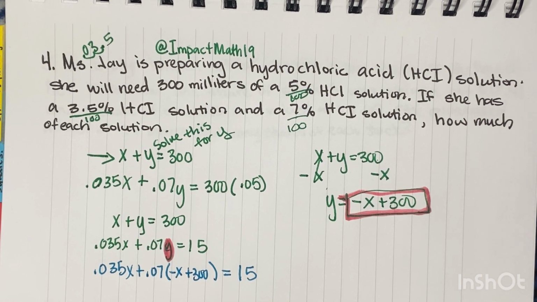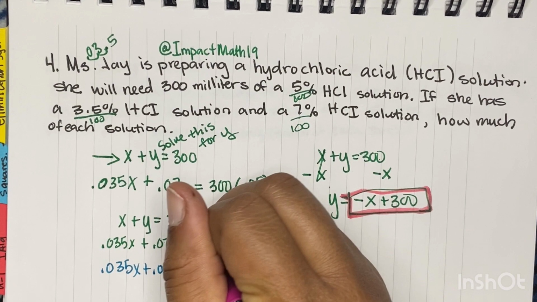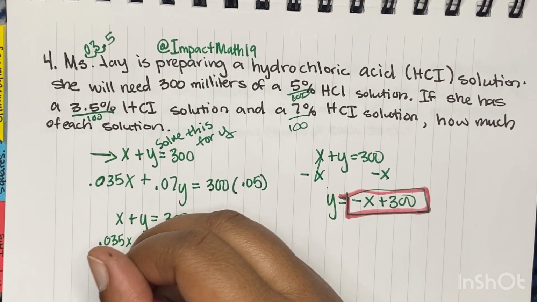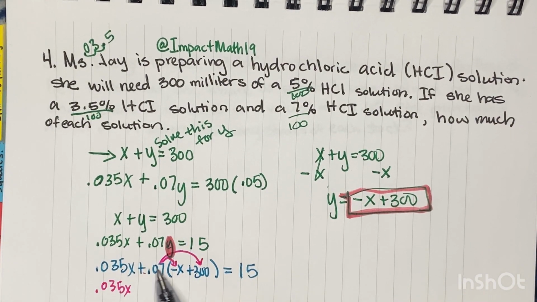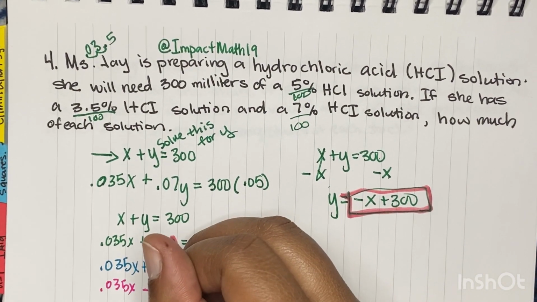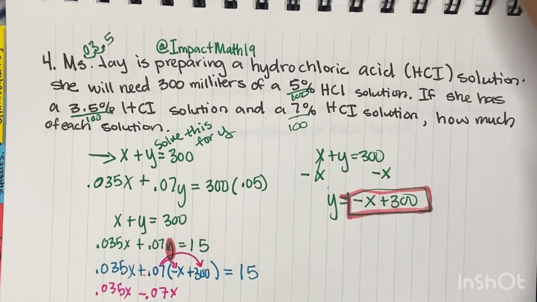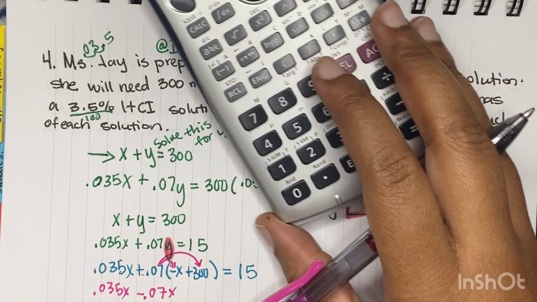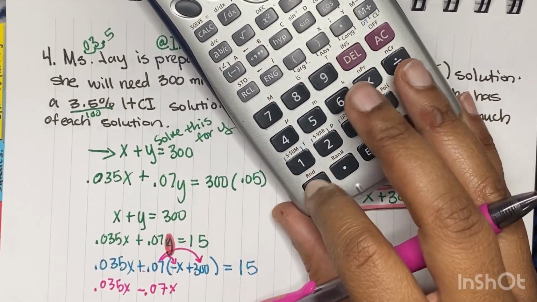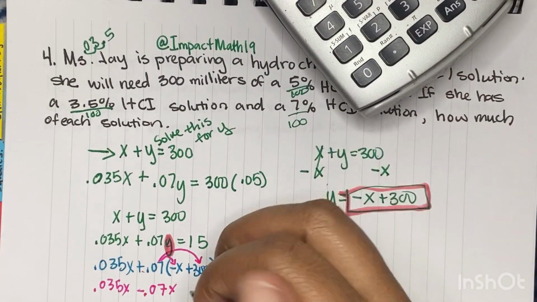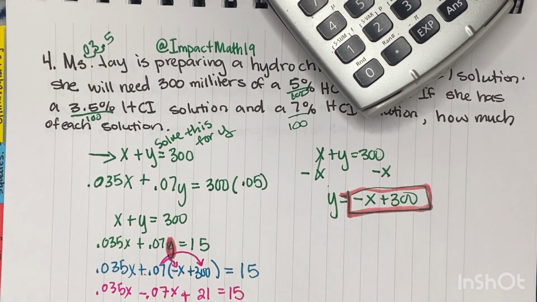And whenever we have a number attached to a parenthesis, that means multiply, distribute. So we're going to get 0.035x, and then a positive times a negative is a negative 0.07x. And then we have to do 0.07 times 300, and we get plus 21 equals 15.